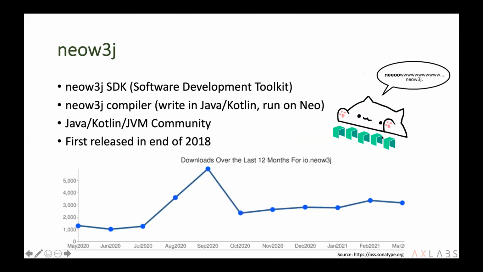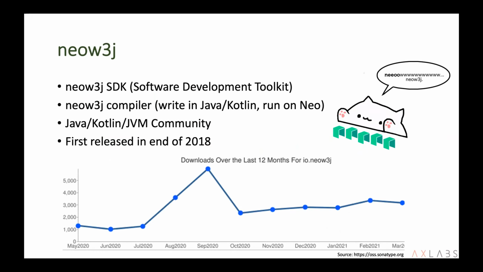Okay, so let me introduce Neo3j a bit. I think most of you are familiar. Neo3j is a project composed of an SDK to interact with the Neo nodes in Neo N3.